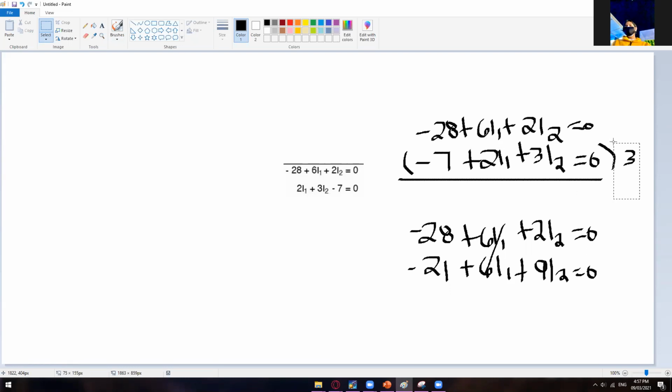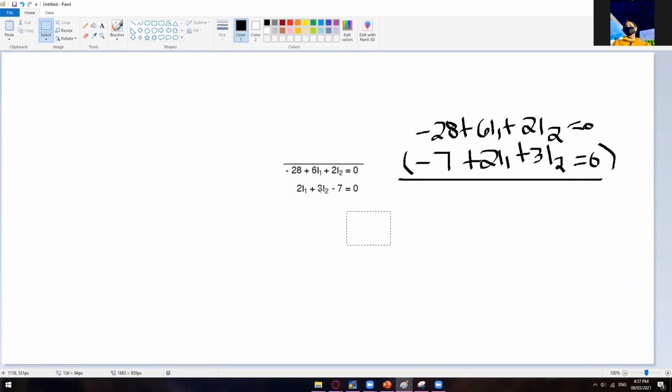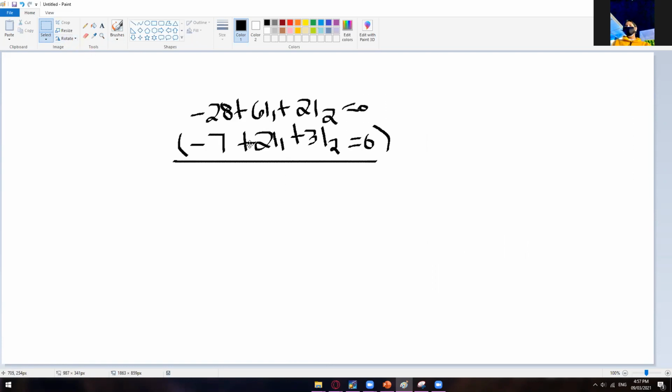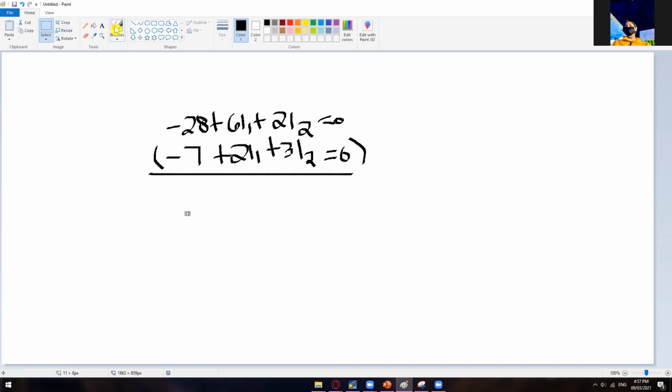All right. So from here, for us to be able to eliminate the I sub 2, we have to multiply a certain number on both equations.